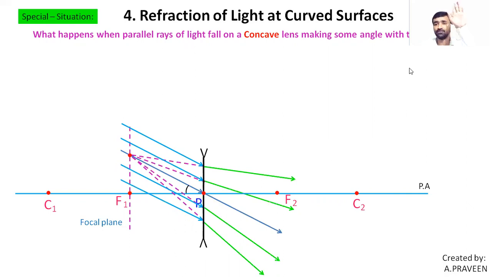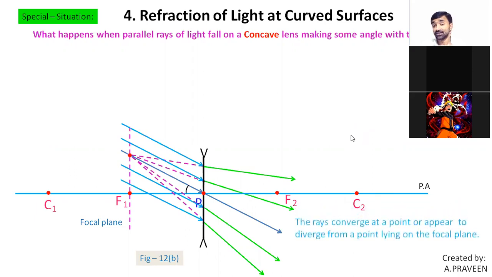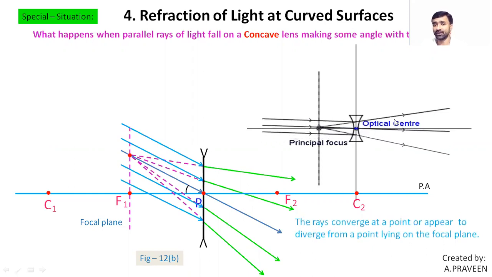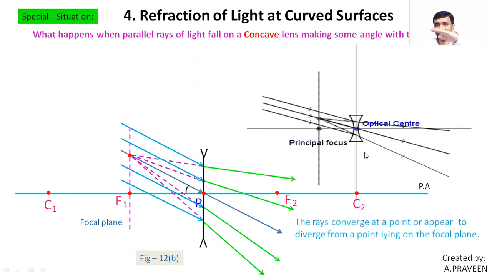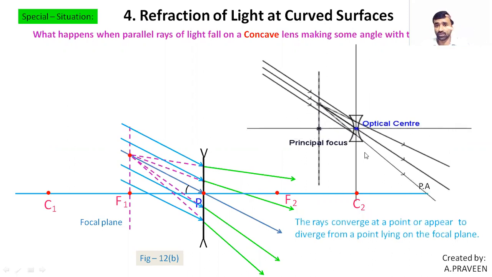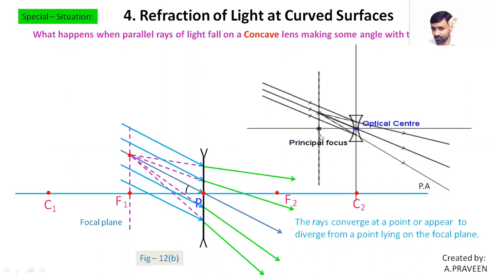Is it clear, everyone? I'm using this knowledge in solving example 4 and example 5, right? So now look at that. Why did I decide the behavior of light rays like this? I have one observation, look here in the animation. For any angle made by the parallel beam of light rays with the principal axis, the diverging point will lie on the focal plane.